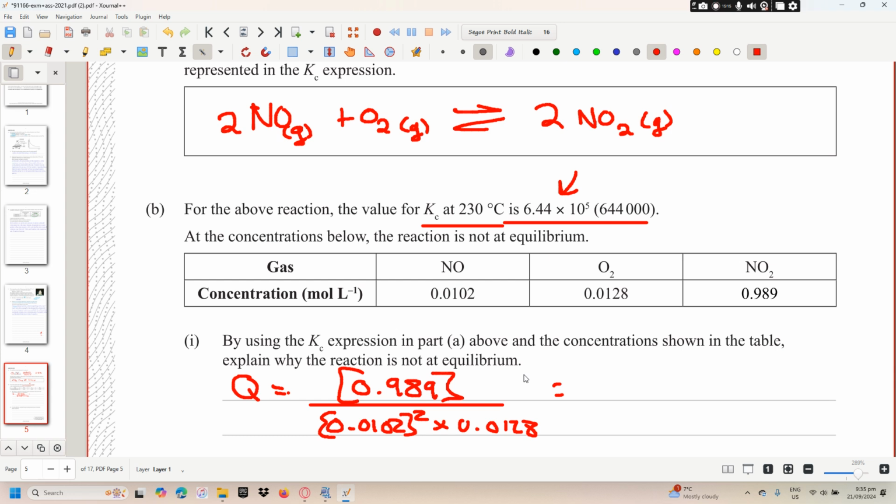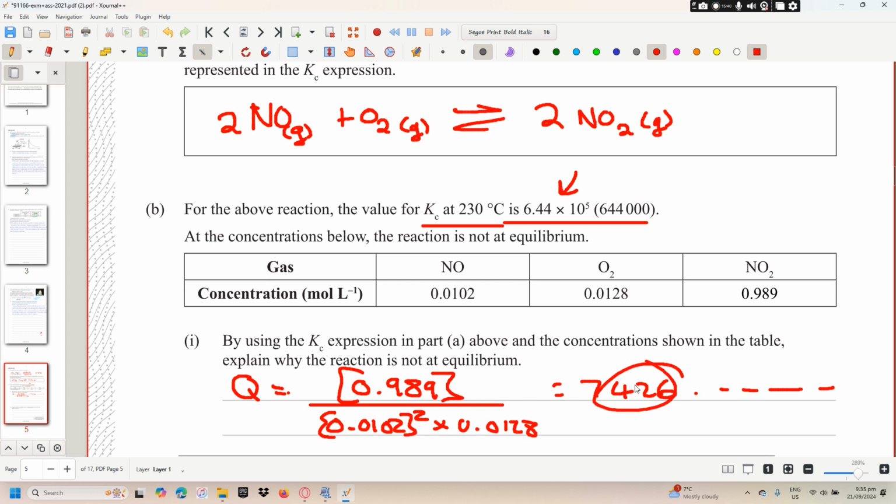I'll just grab my calculator. But the idea is you sub it in, and you should hopefully get something along the lines of 7426 point blah blah blah.